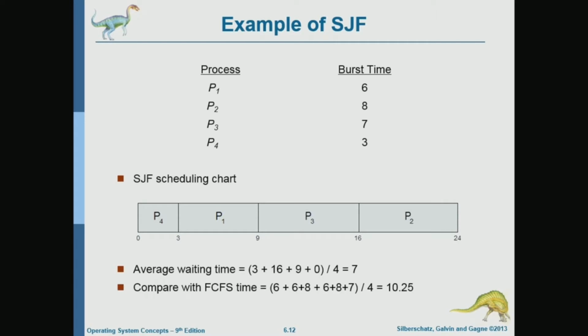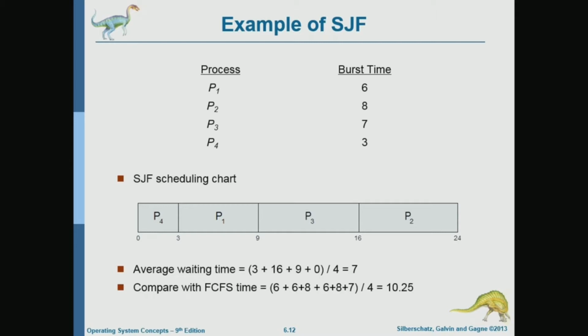We're going to schedule them in order of CPU burst. So which one is the shortest? P4. So we put P4 first. Then the shortest is 6, so we put P1, then P3, then P2.